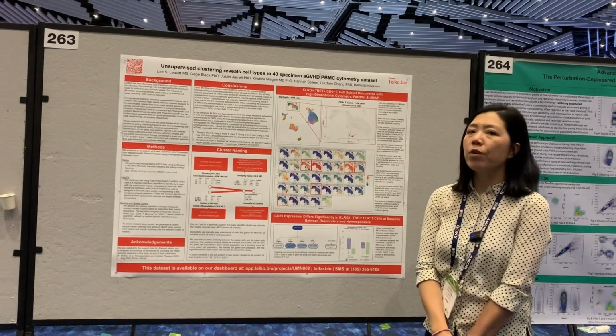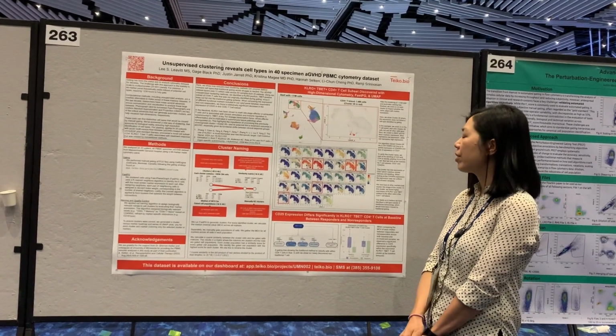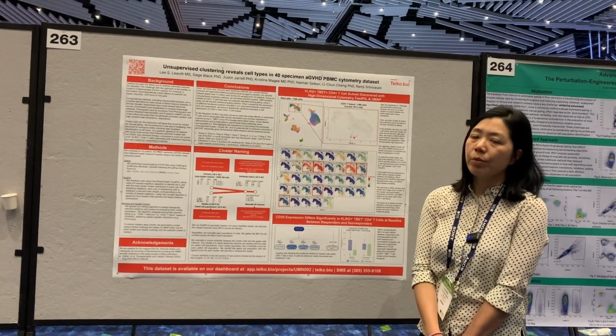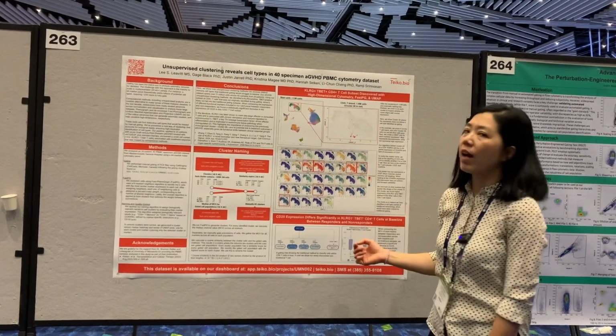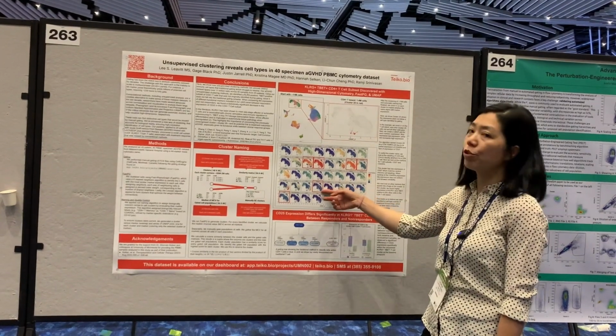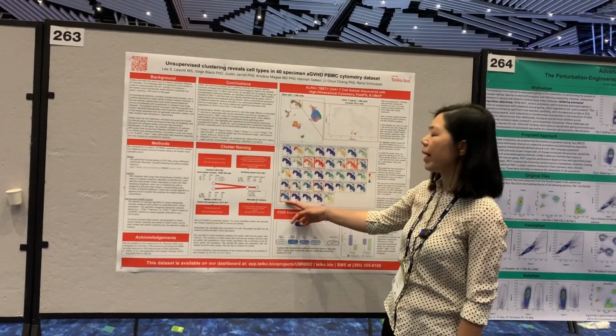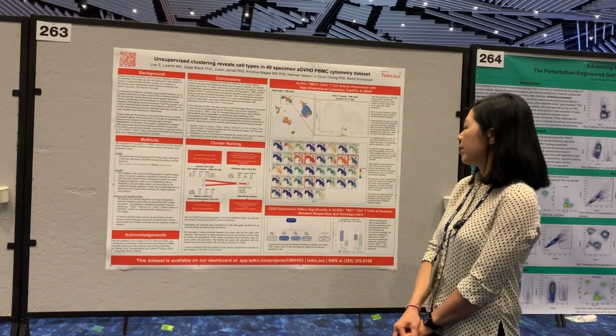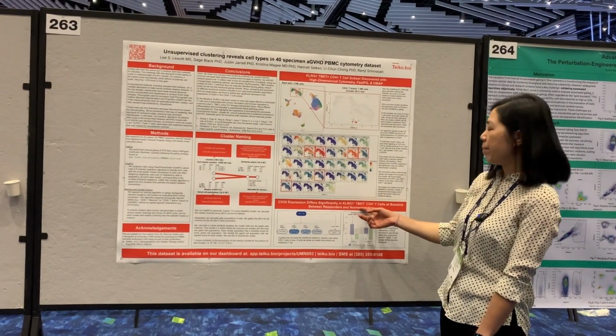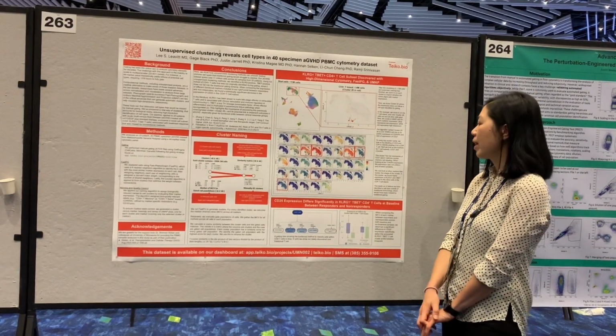We then focused on markers that are highly expressed within this cluster, and we found that this cluster is mainly defined by the expression of KLRG1 and T-bet. So we named this cluster KLRG1-positive, T-bet-positive CD4 T cells.